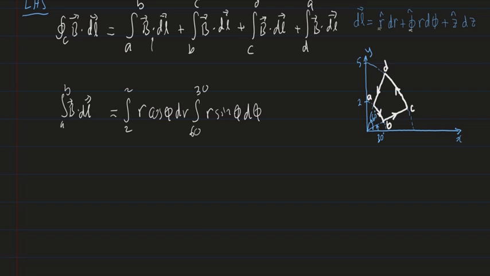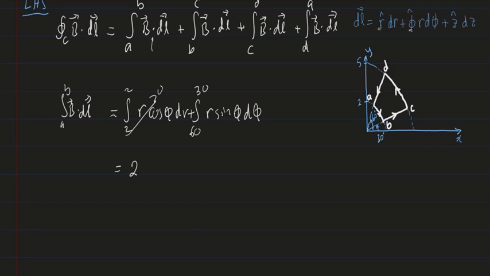This 60 to 30 defines the direction as well, so if you do the limits like this, you don't need to take care of the cosine theta for the dot product. So the first term is of course 0, and there is a plus sign in here. And r is constant, equal to 2.